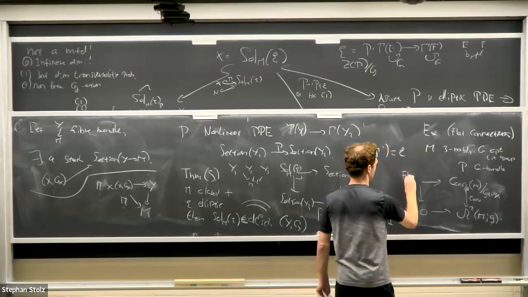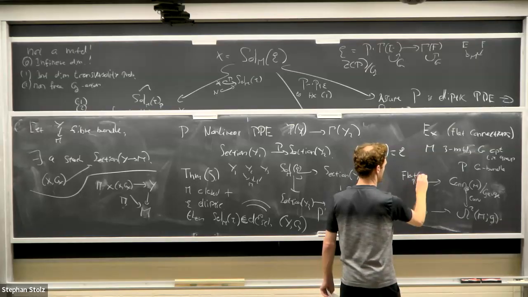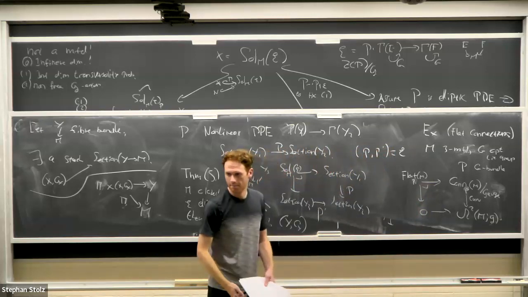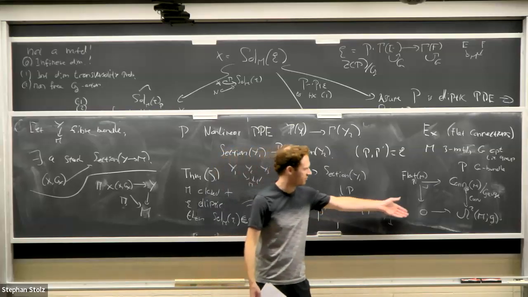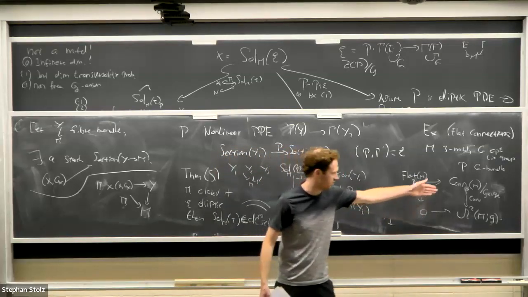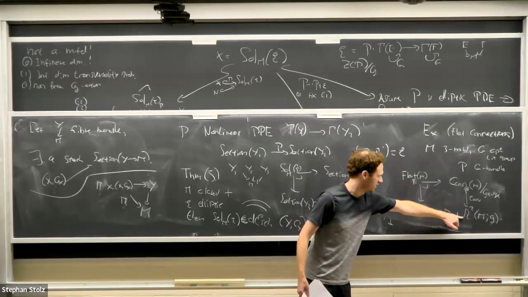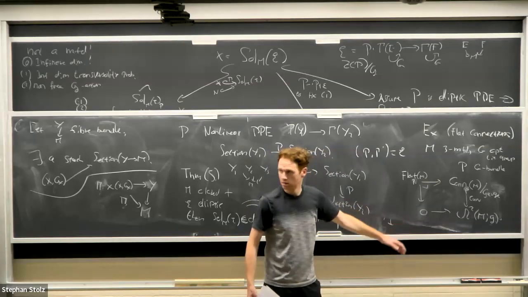So the stack of flat connections on P is whatever sits in this pullback diagram. Is it clear what's going on? If I take a pullback of two things and a third, I'm asking, when is something in here zero in here?